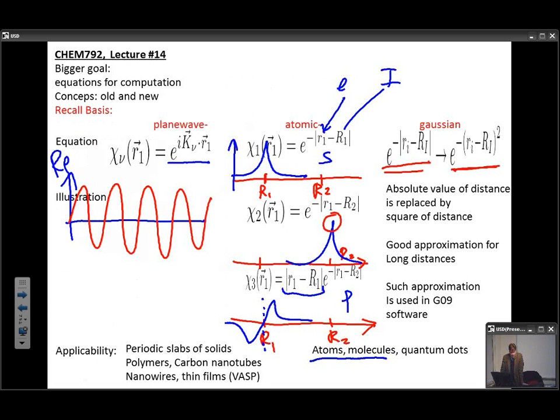Yes? Between this and this. So here we have a power 1. Here we do have a power. So Gaussian, draw it.